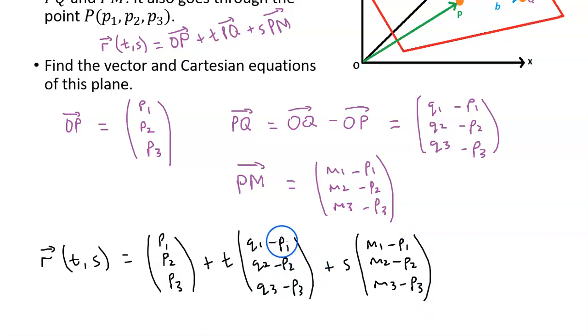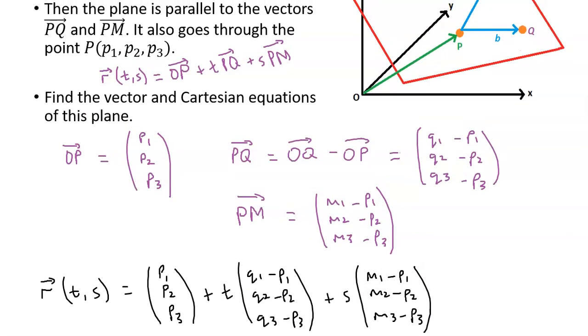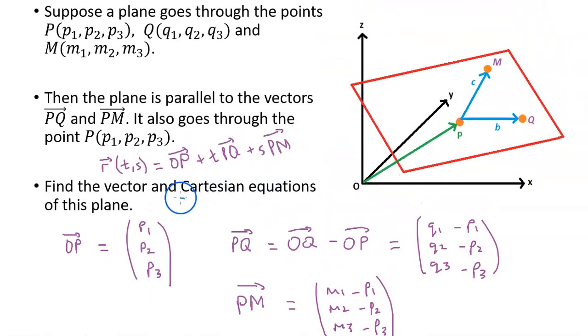Okay, so that's our vector equation of the plane. As for the Cartesian equation, I think I'm going to cop out a little bit here and say let's come back to this one later.